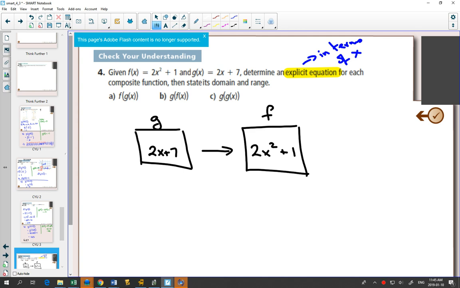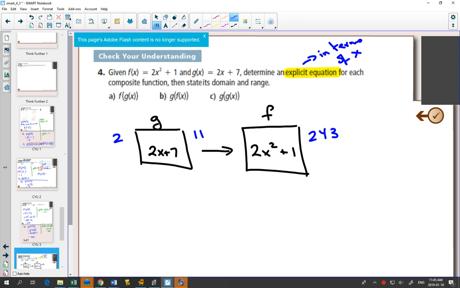So if we think about our machines like we did at the beginning when we had our story, this is what's happening. If you plugged in a number, life is easy, because we've done numbers already. You plug in a 2, 2 times 2 is 4, plus 7 is 11, no problem. You plug in 11 into here, 11 squared is 121, times 2 is 242, plus 1, 243.